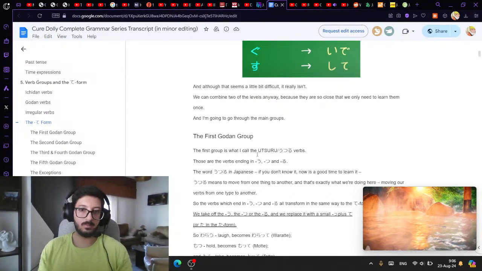The first Godan group is what I call the Utsuru verbs.